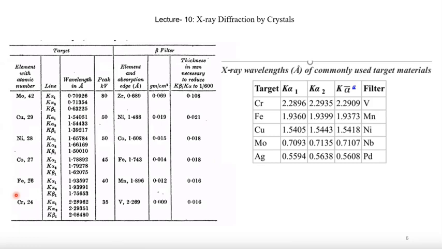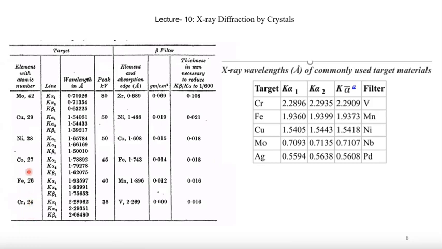This depends on the applications, or what analysis we have to do. In many powder analyses, we see that only copper and molybdenum are being used, the rest very little. Similarly, for single crystal work, we see that we are using molybdenum.